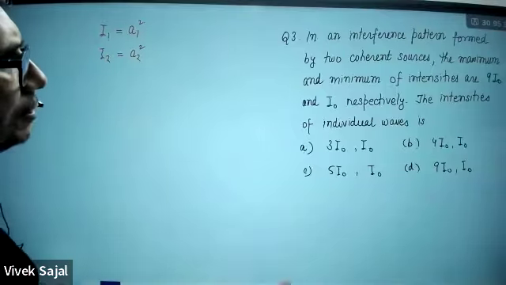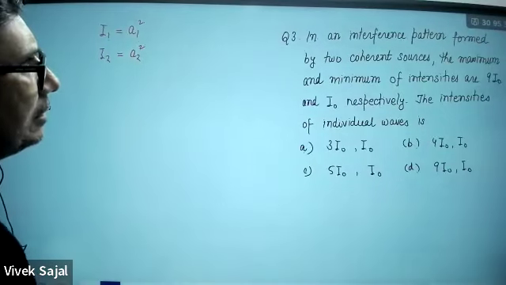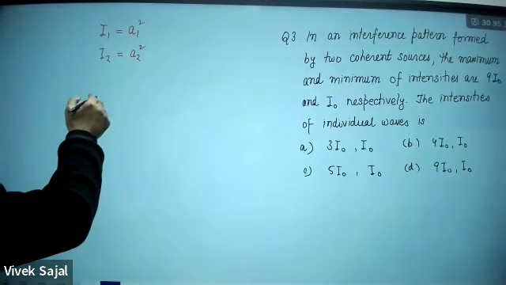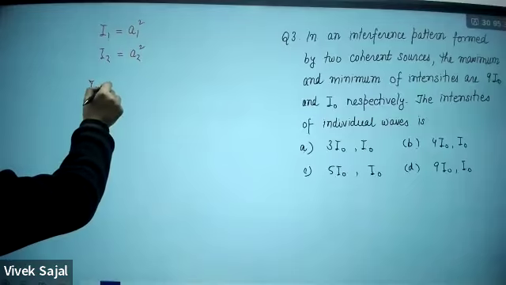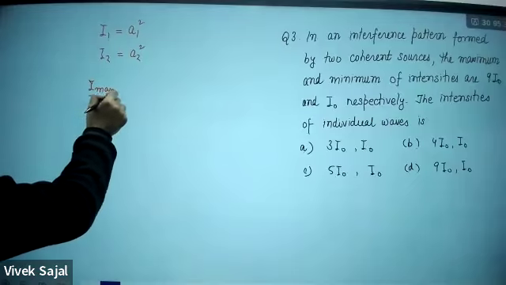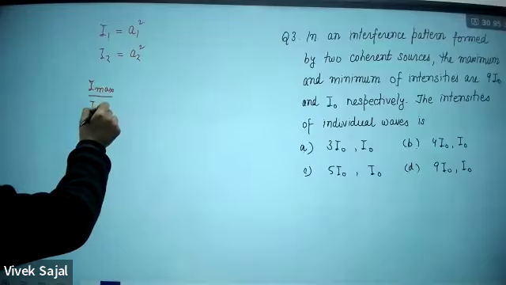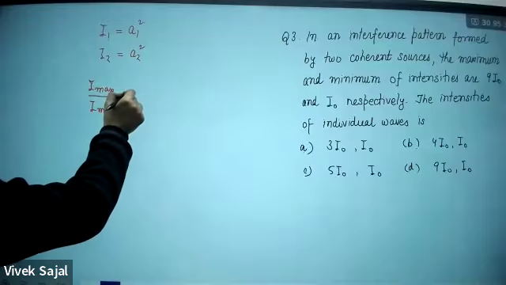What they are saying is maximum and minimum intensity. So what will be I max divided by I min?